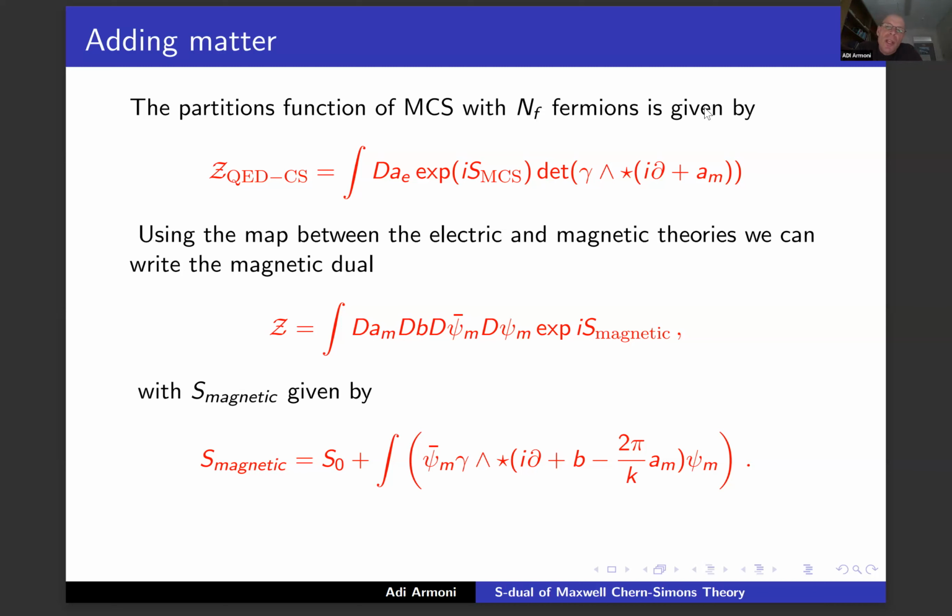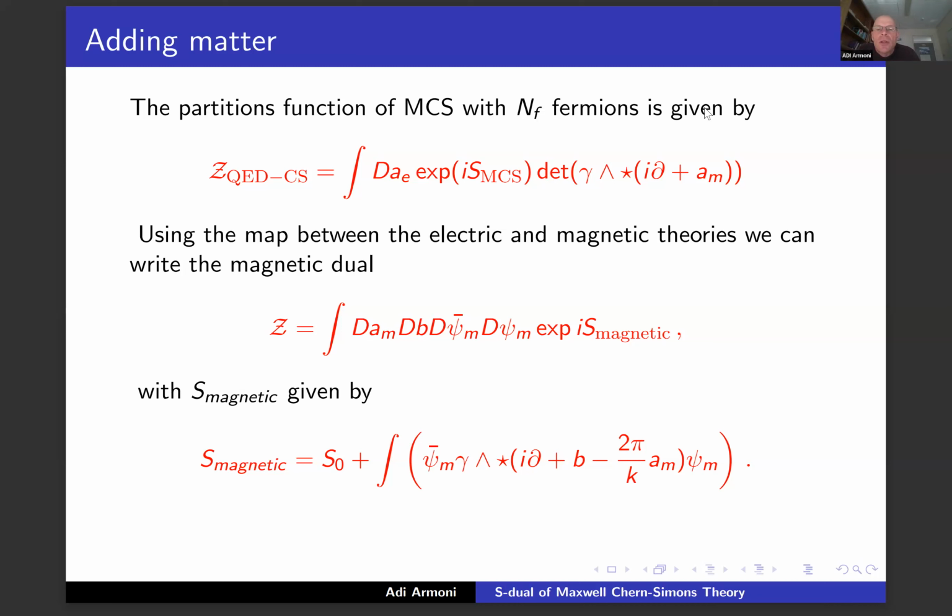So the partition function, after integrating over the fermions, consists of this determinant. So the determinant of the Dirac operator. So a Dirac field coupled to a gauge field.